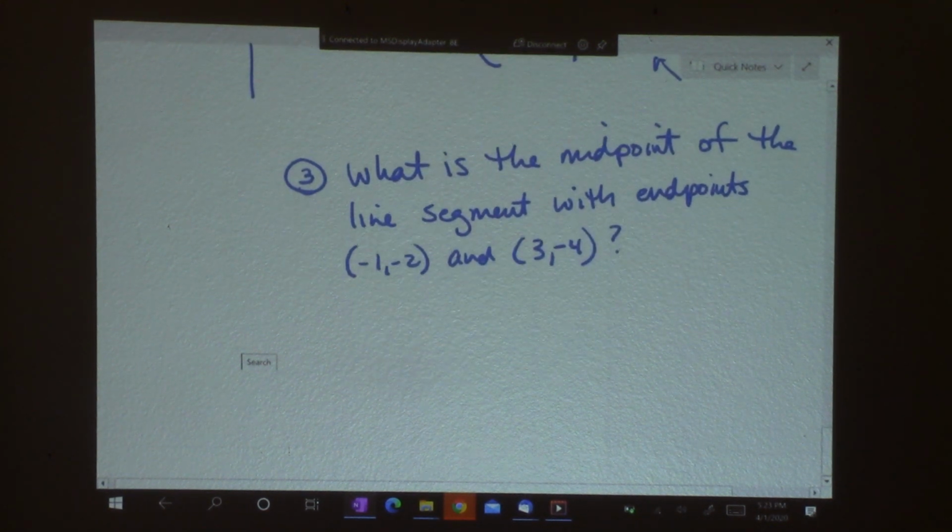Okay, what's the midpoint? So I'm going to have my formula, x1, x2, sorry about that, and y1, y2 over 2.